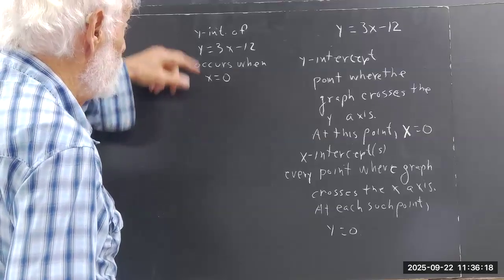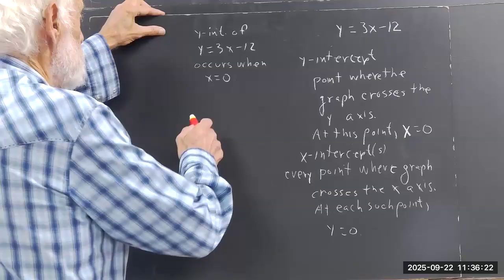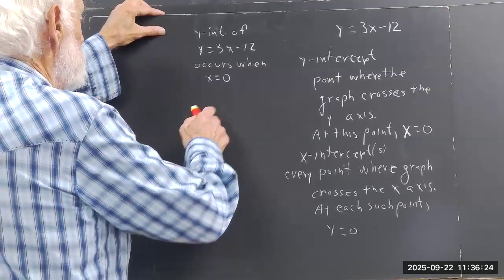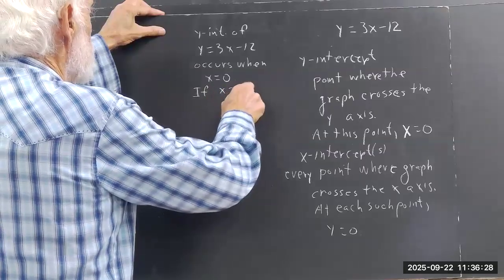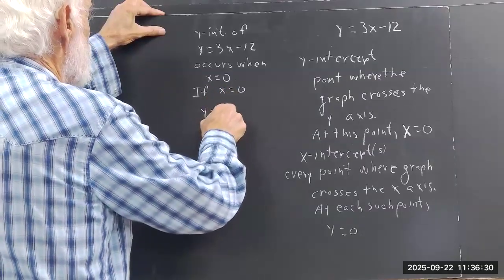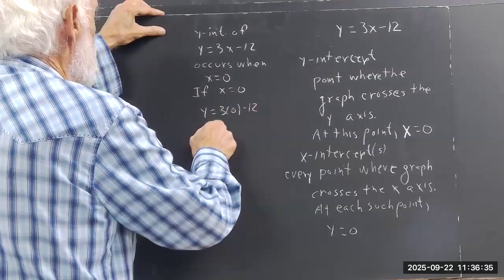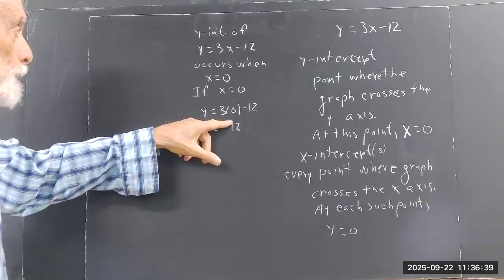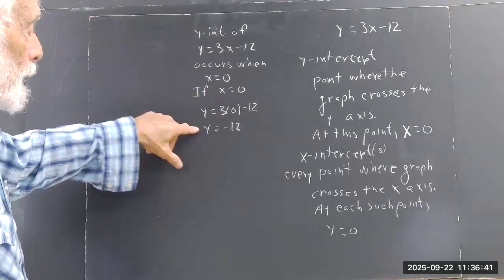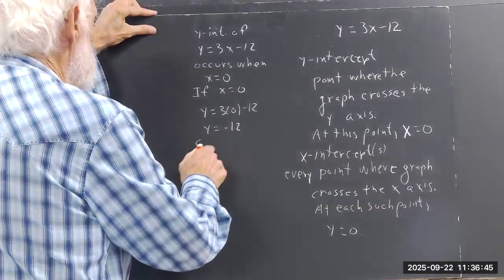Okay, so if x equals 0, you plug in 0 for x, and you get y equals -12.